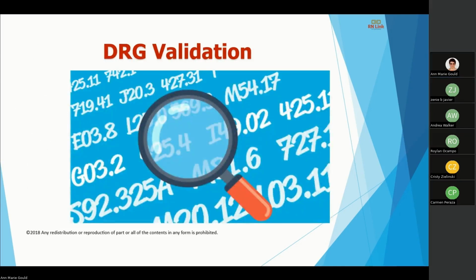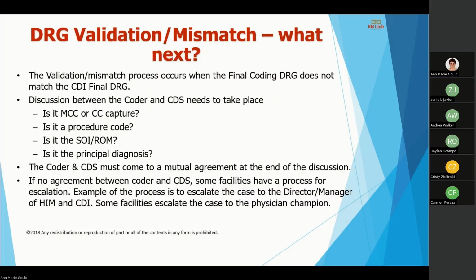All right. DRG validations. This is the fun stuff now. DRG validation, also known as a DRG mismatch. What do we look at? The validation mismatch process occurs when the final coding DRG does not match the CDI final DRG.